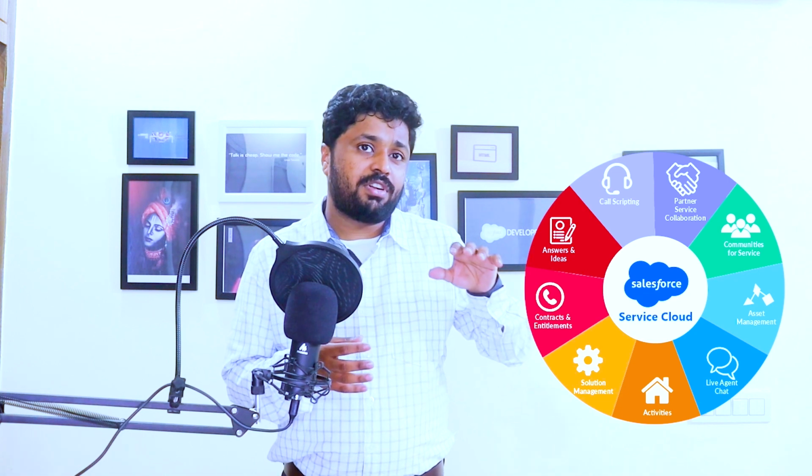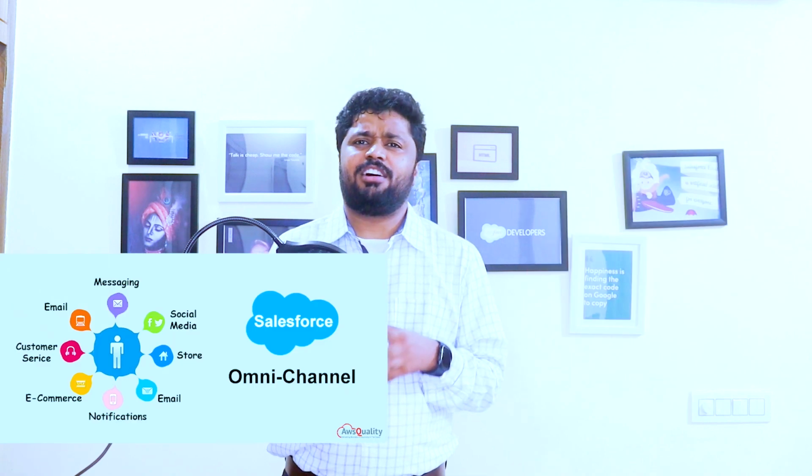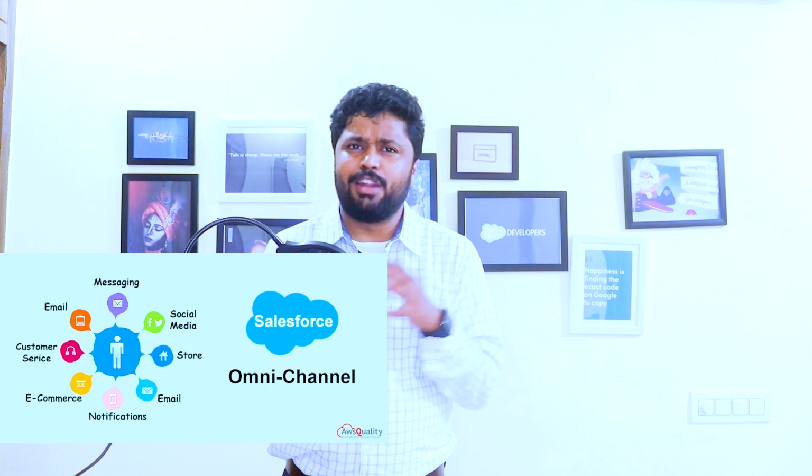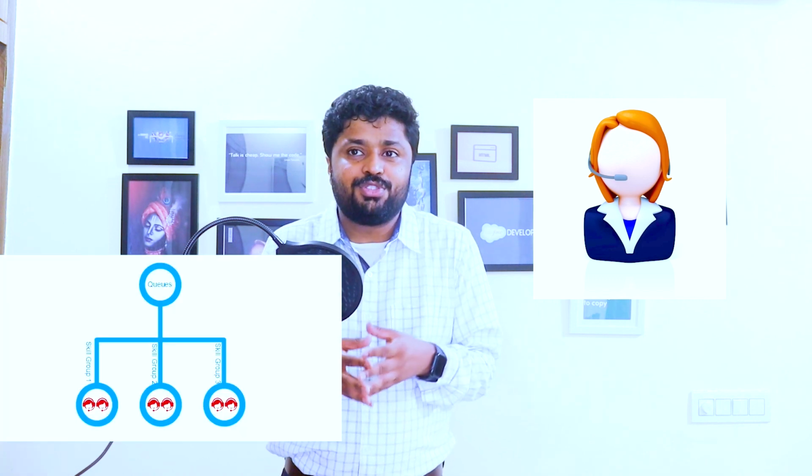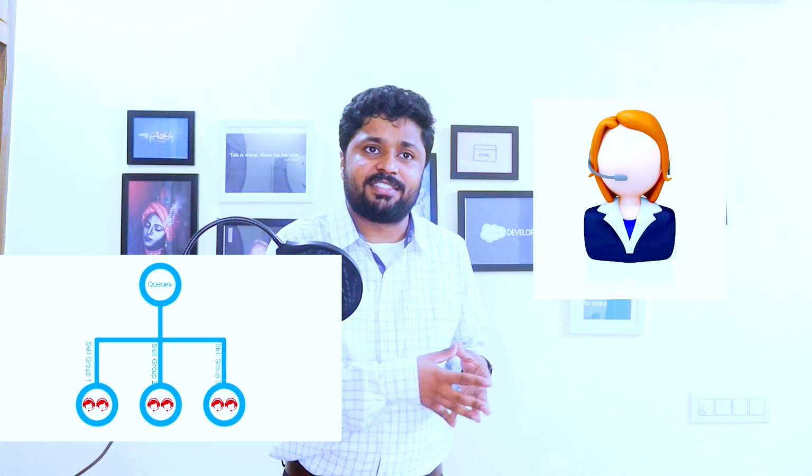So Salesforce Service Cloud provides different ways or channels for customers to communicate with the agents. It allows you to group agents based on their skill set. For example, out of 300 agents, 40 may have expertise in solving payment related queries, while 30 may be specialized in app installation. So with Salesforce, you can group them based on their skills.